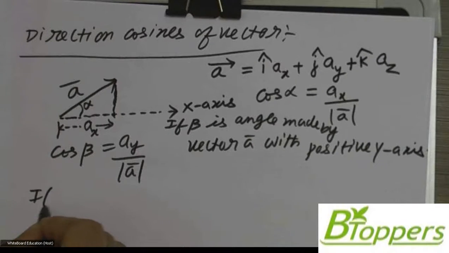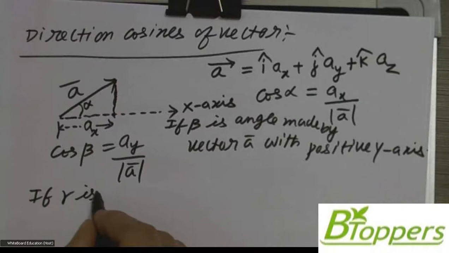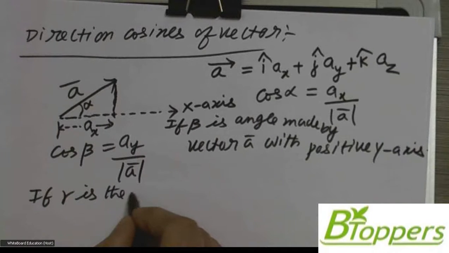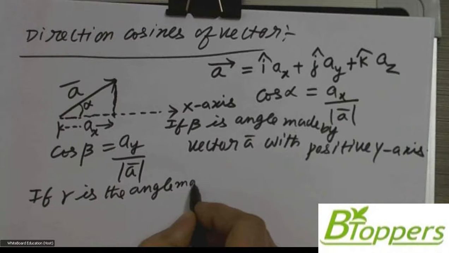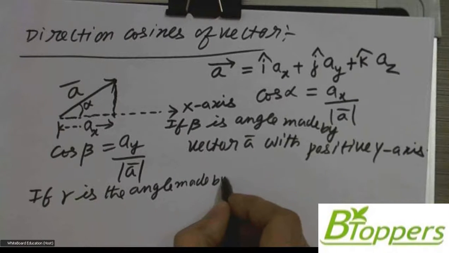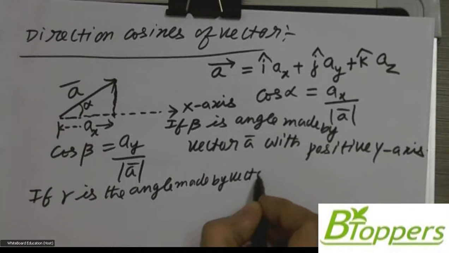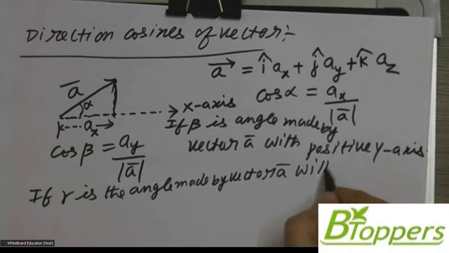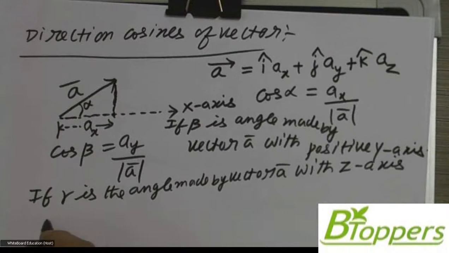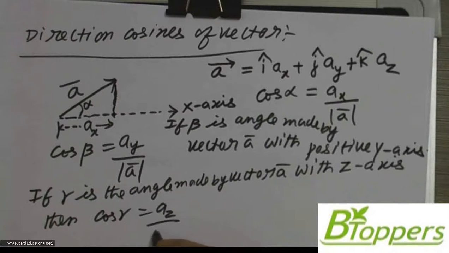The same way, if gamma is the angle made by vector A bar with z axis, then you can write cos gamma equal to AZ by magnitude of vector A bar.